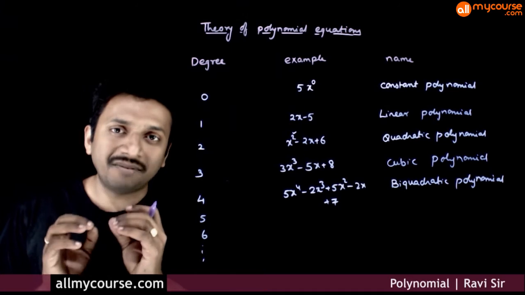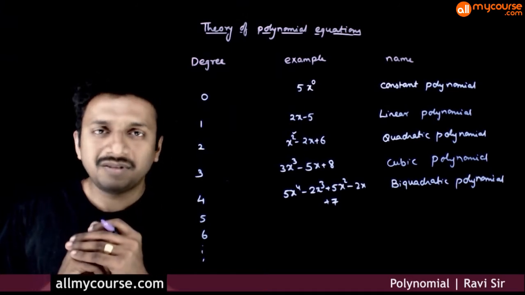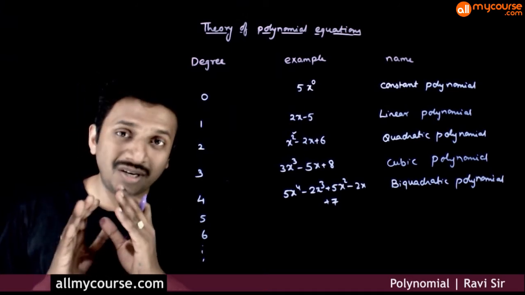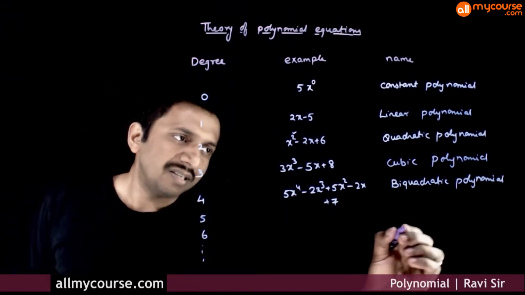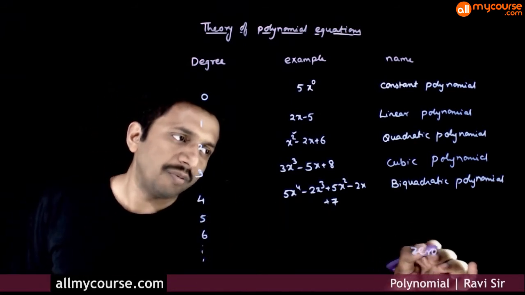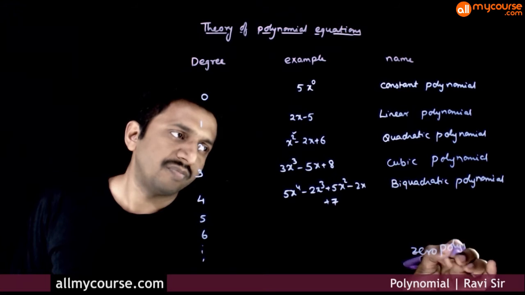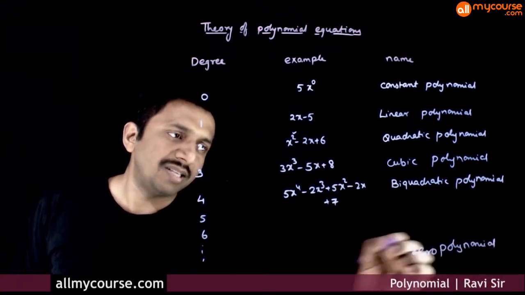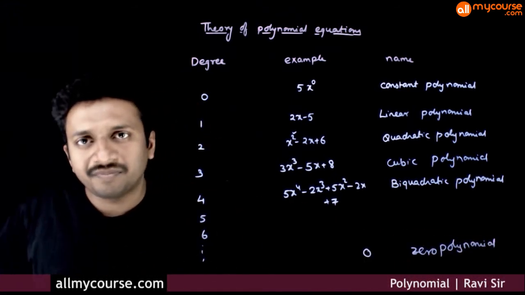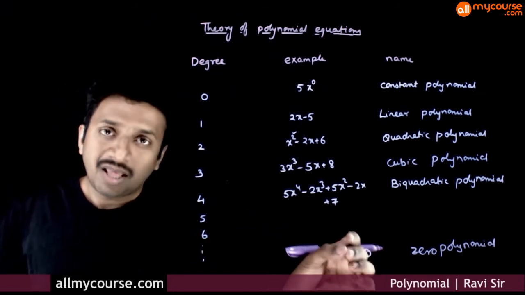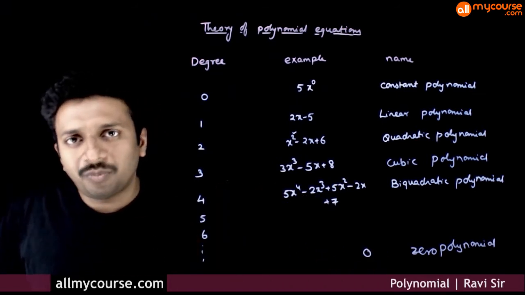Next, you have a very special polynomial which is called a 0 polynomial. It's not a 0 degree polynomial. So you have something called a 0 polynomial. The 0 polynomial is nothing but 0. A constant 0 is called a 0 polynomial.